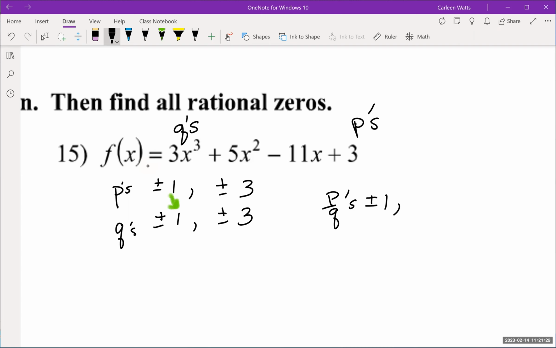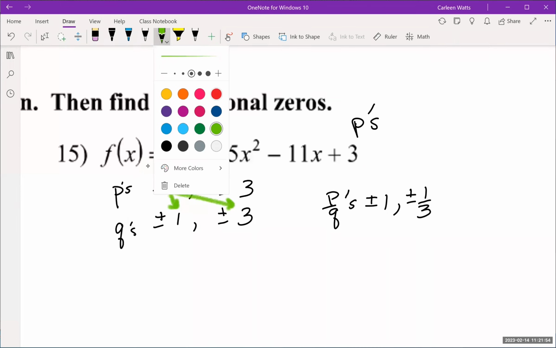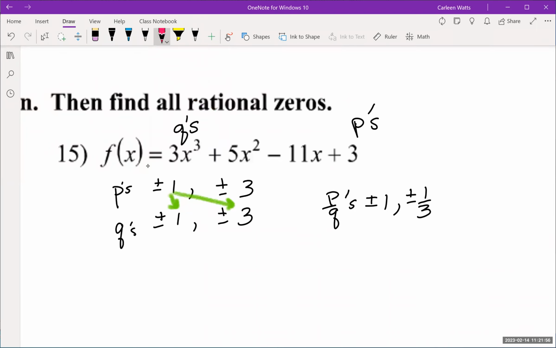Those are the factors. Okay, we're going to do another example. Hold that question. Okay, I will cover that question. 1 shakes hands with 3. Plus or minus 1/3. Three shakes hands with 1.